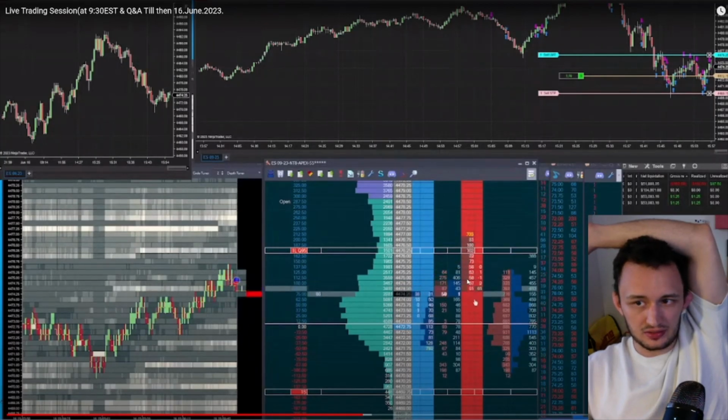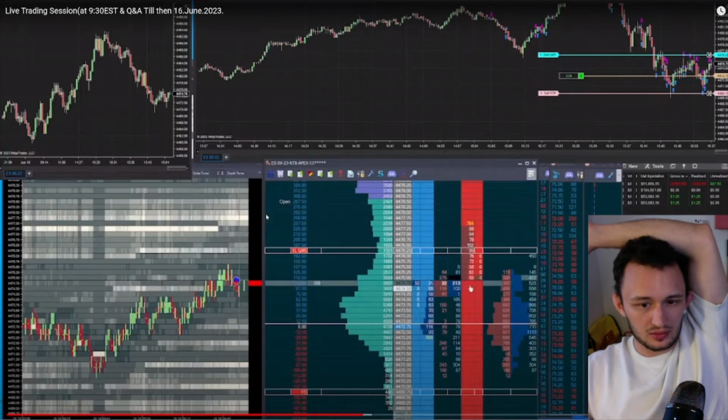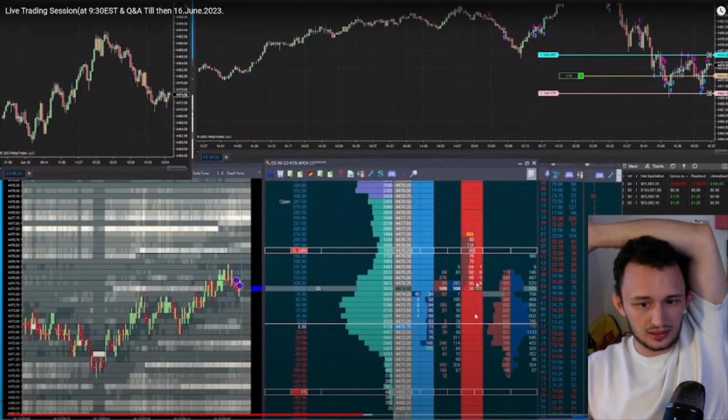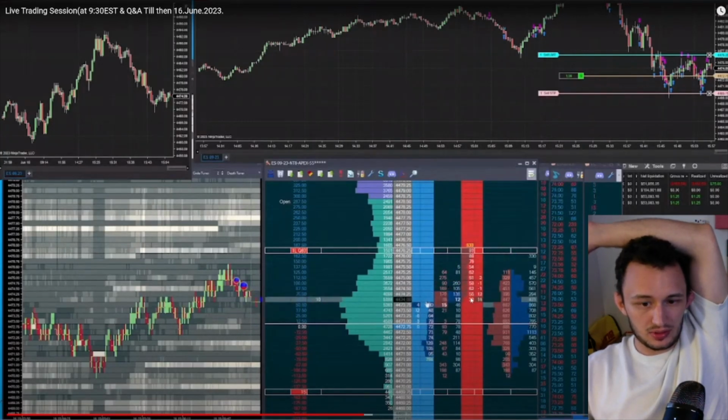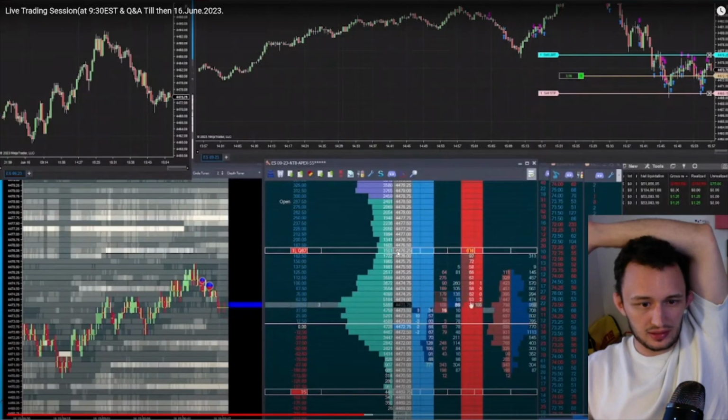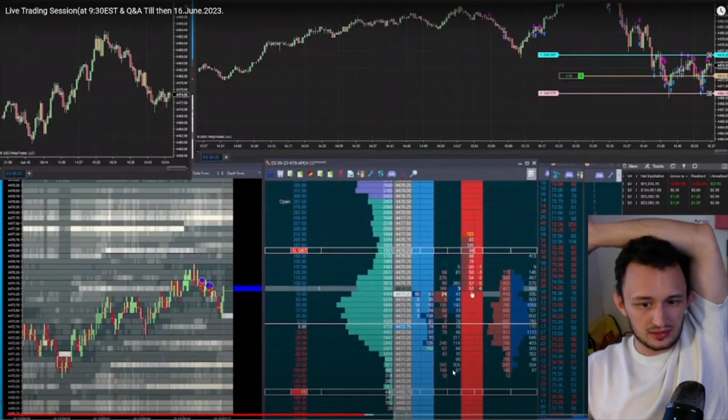The 75s, they struggled earlier, and now they're struggling here again. But at this point I think they should at least stop run it, so I think 76 is a good place for this tick profit for now.